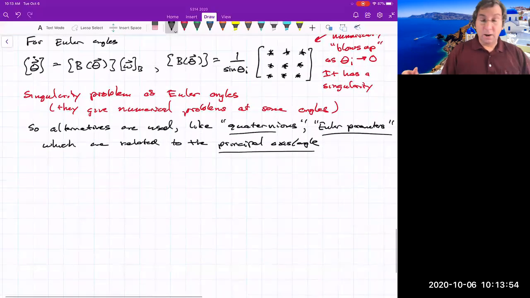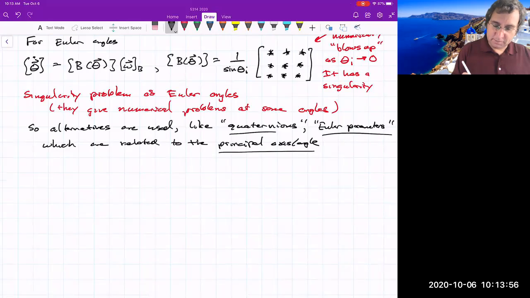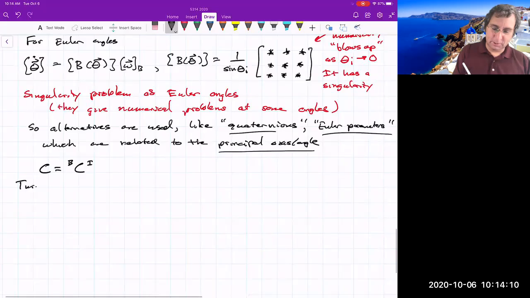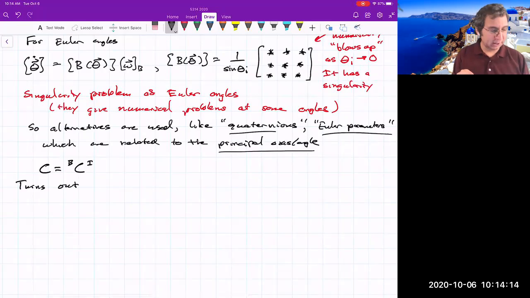So it turns out, and I'm just going to write like I did last time, that C matrix, when we put all the superscripts in there, I mean C relating the inertial frame to the B frame. When I say turns out, there's a bunch of math that is being skipped for clarity, okay?